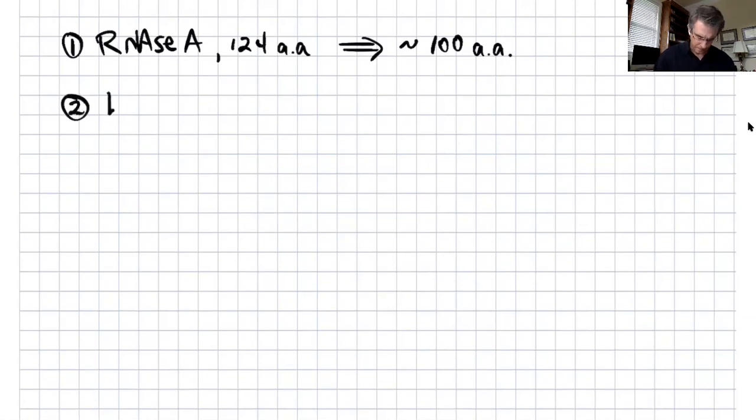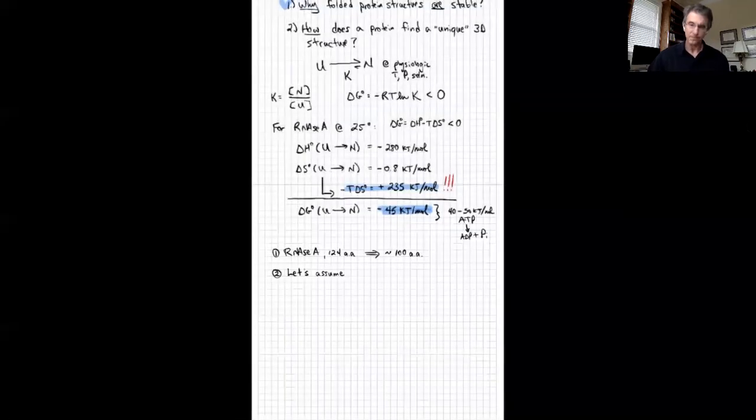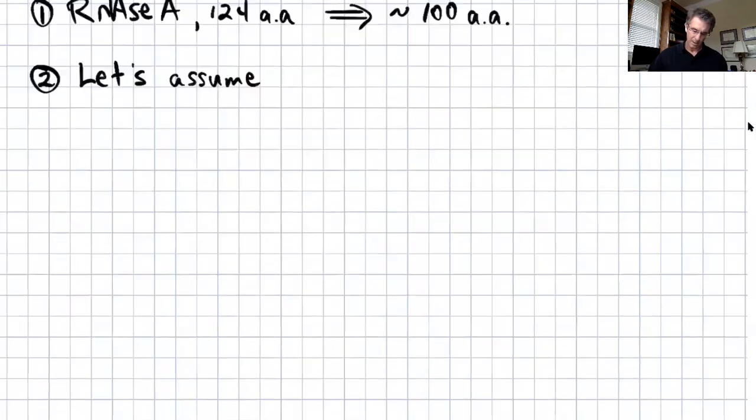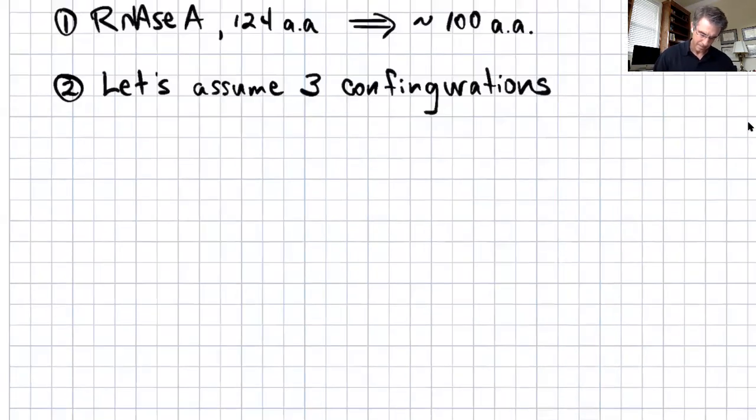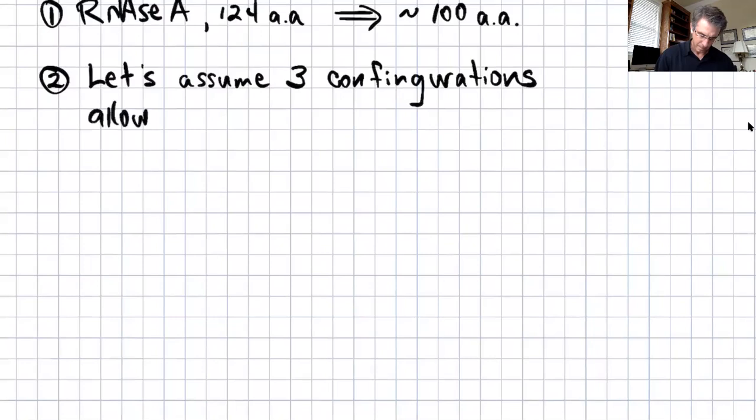let's assume that in this toy model of RNase A, we're going to allow only 3 configurations for each phi psi bond, right?